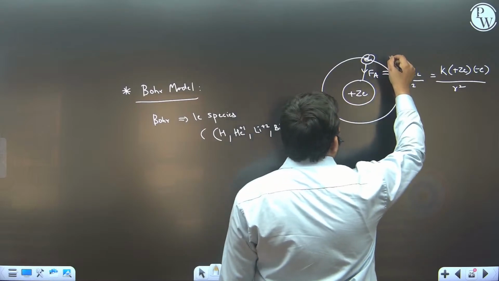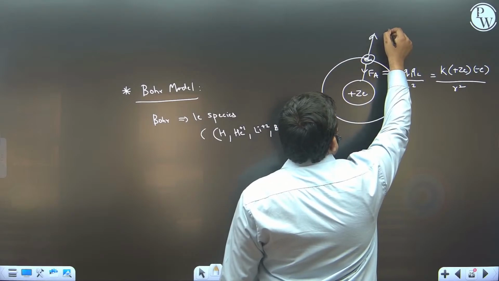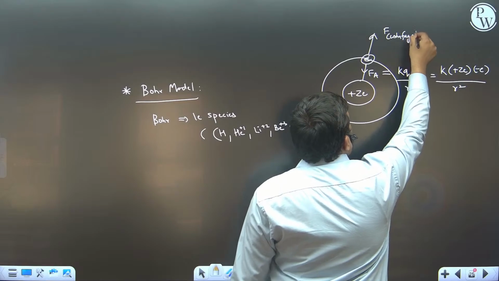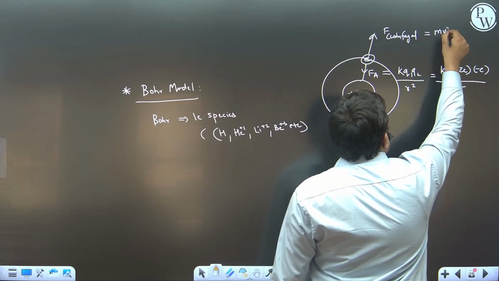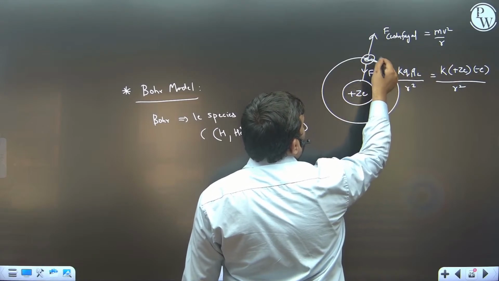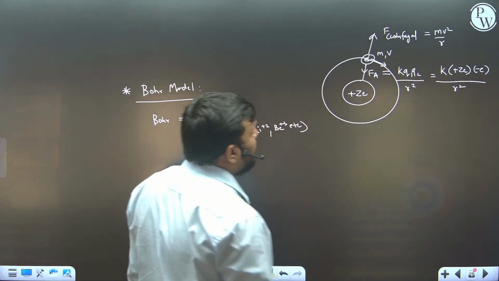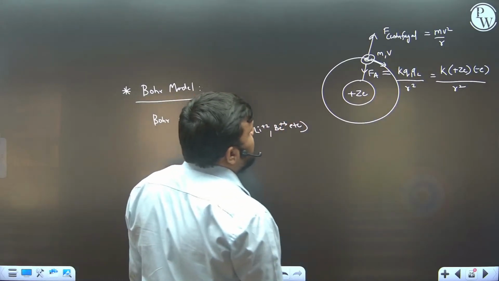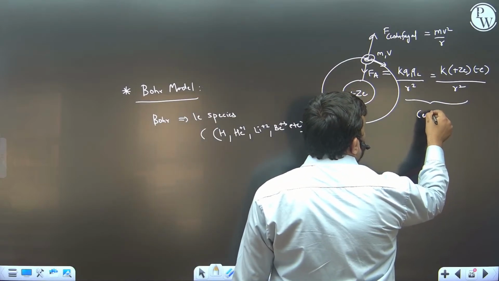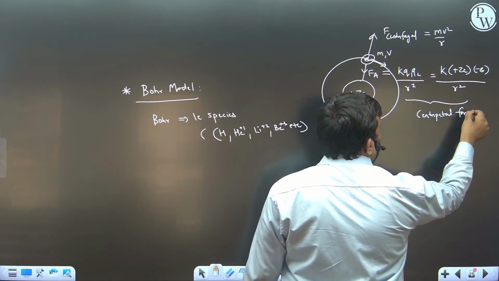And one more force acts over here, the centrifugal force, m v square upon R, because this electron is revolving around the nucleus with mass m and velocity v. So the centrifugal force is also acting, and the centripetal force, that is the force of attraction, is acting over here.